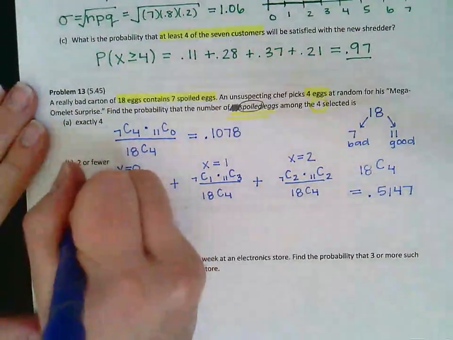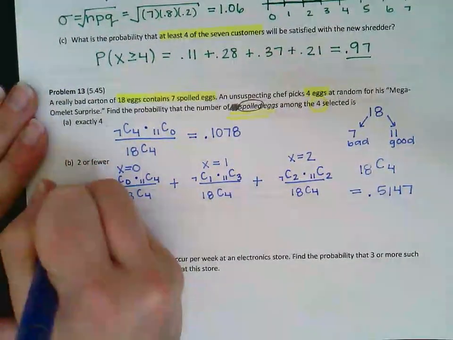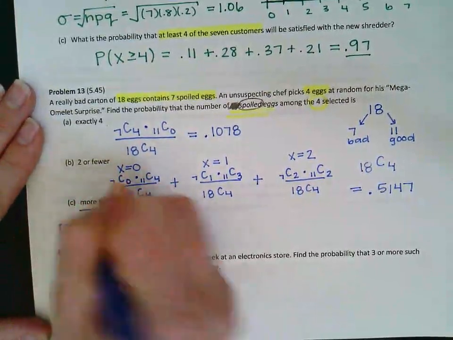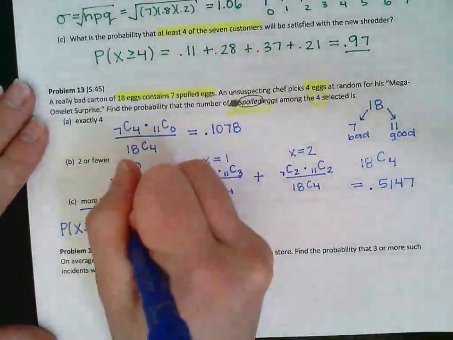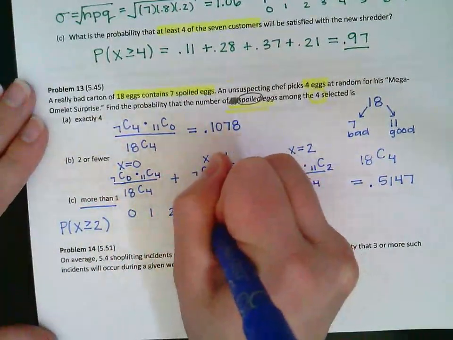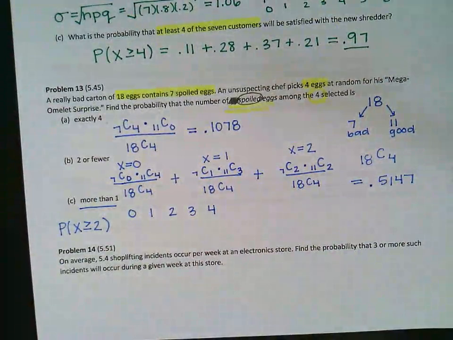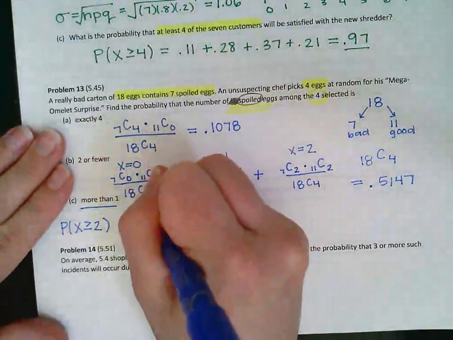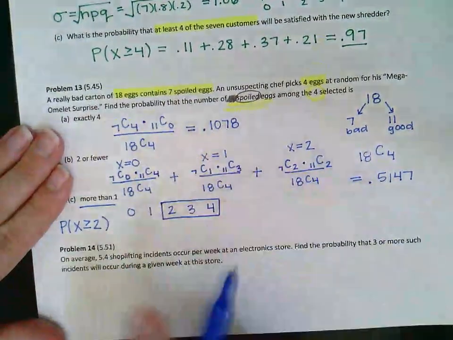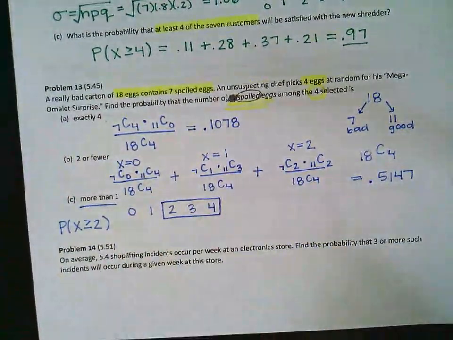Because if I want more than 1, then that's the probability x is greater than or equal to 2. Well, if I have these outcomes, 0, 1, 2, 3, 4, those are my values of x I can choose from. I want these outcomes, 2, 3, 4, for this problem. But all of these have to add up to 1, right?